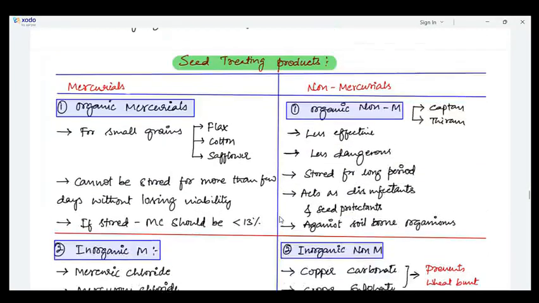Now we have seed treating products. They are generally classified as mercurials and non-mercurials. Mercurials again are organic and inorganic, and non-mercurials again organic and inorganic.